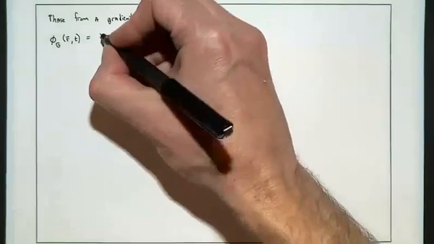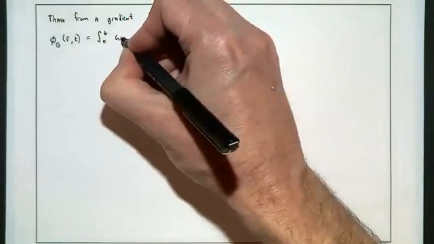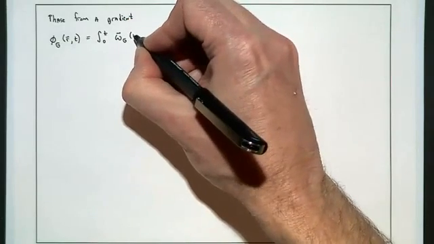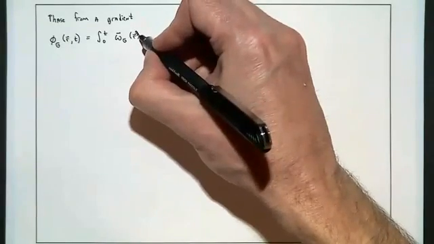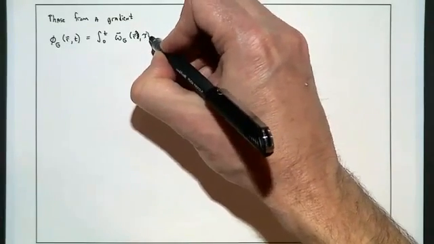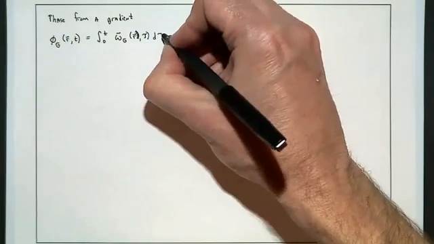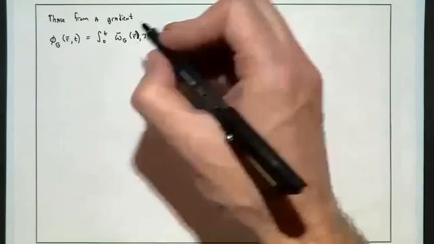And so we're going to look at integrating from 0 to t our omega g, which is itself a function of, say, position, and should be a function of time as well. And we're going to integrate that just over the interval that we care about, so 0 to t, say.